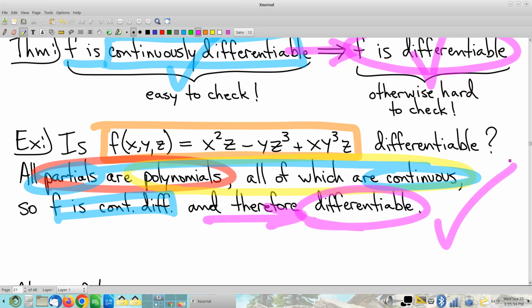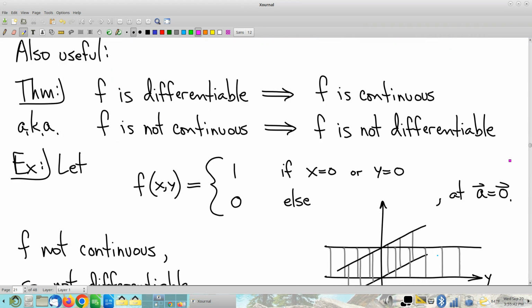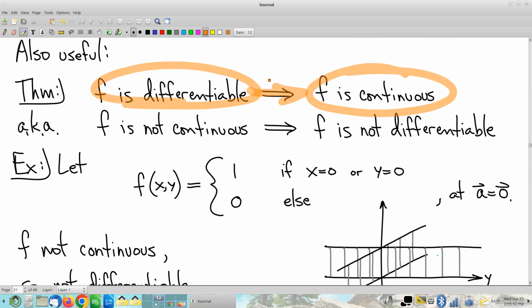Okay. Here's another related fact, just while we're here. I don't want to prove this, but a neat fact to know is that differentiability implies continuity. I think that's probably kind of believable. Again, I don't want to get rigorous and prove it. Not what this class is about. But y'all remember a similar fact from single variable, perhaps.